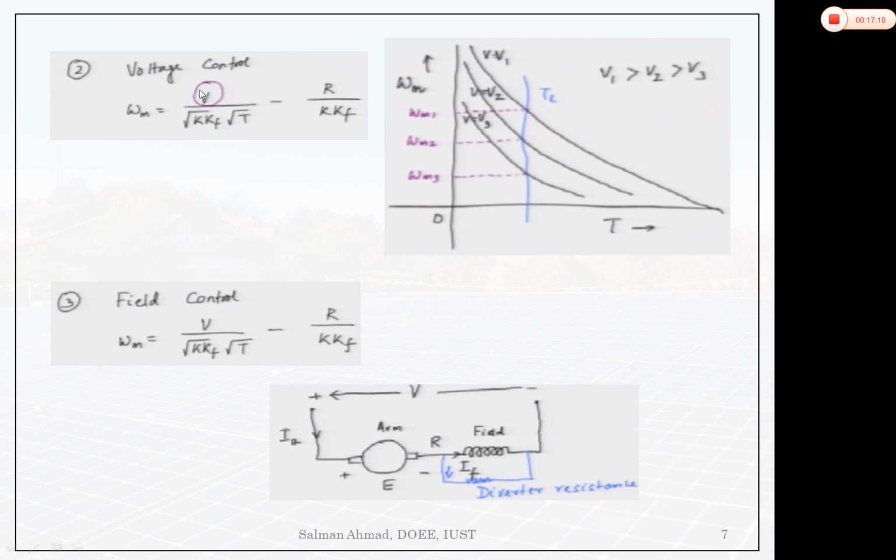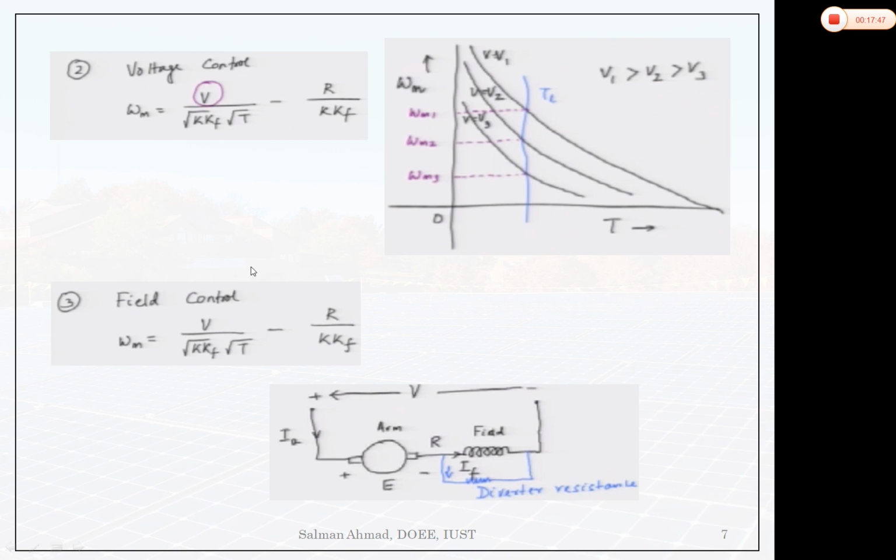So this characteristic is shifting downward. If you have a load torque characteristic something like this, at the intersection with this point the drive is running at omega m1. At the intersection corresponding to V equal to V2, the drive is running at omega m2. Similarly, for V equal to V3, the drive is running at omega m3.